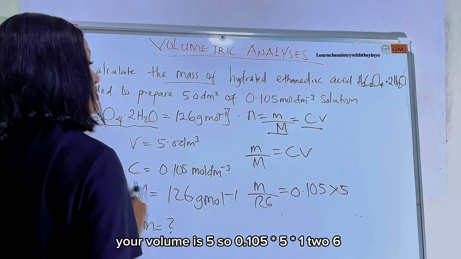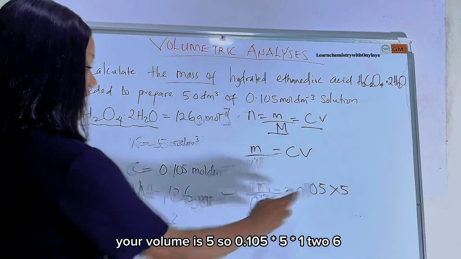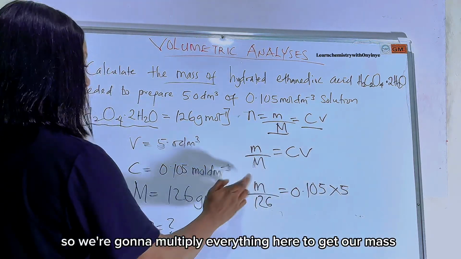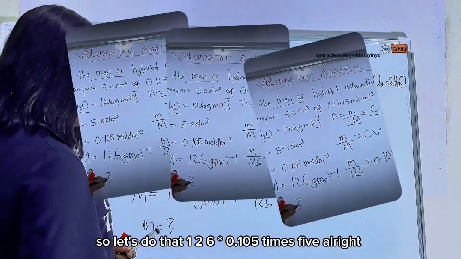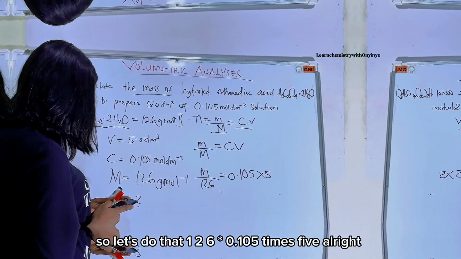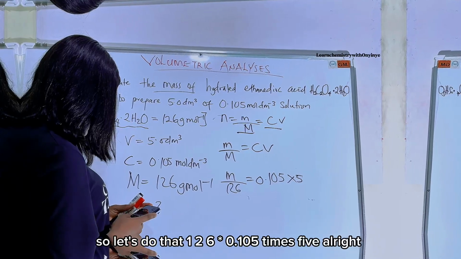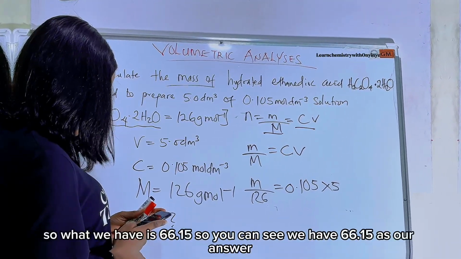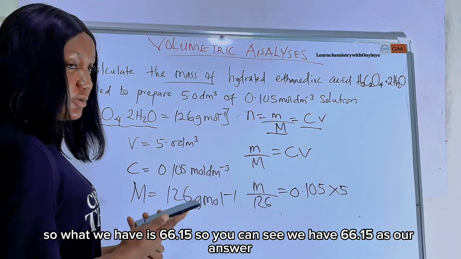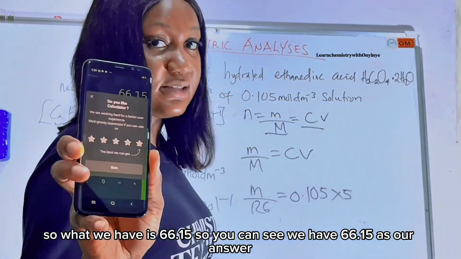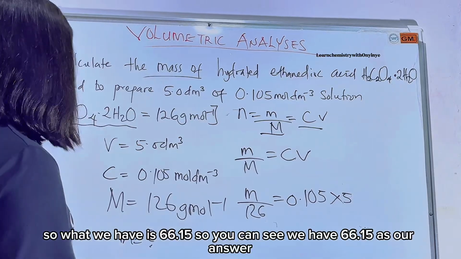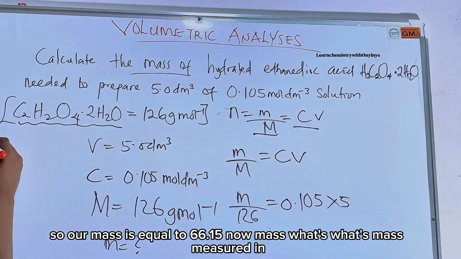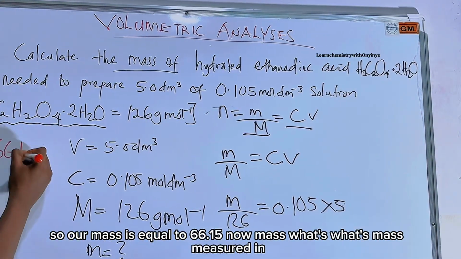So we multiply everything to get our mass: 126 times 0.105 times 5 gives 66.15. So our mass is equal to 66.15.